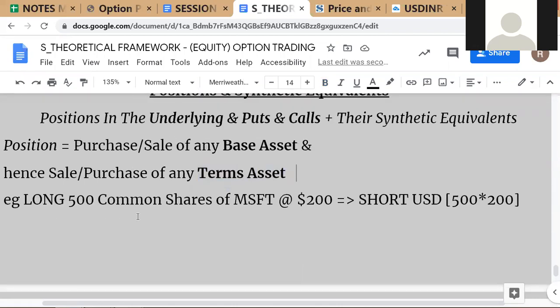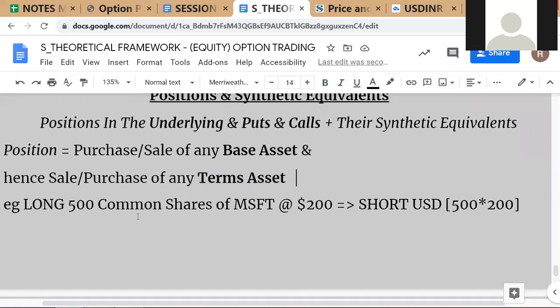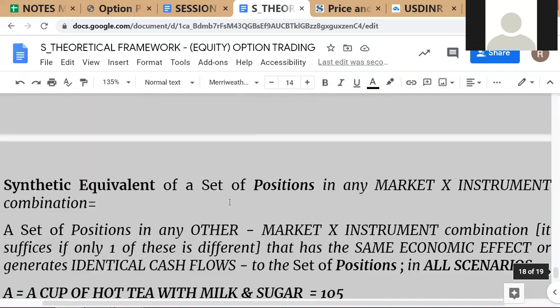Then you talk about the synthetic equivalent of a position. We talked about that. What is that? It's basically a position in any market instrument combination. Synthetic equivalent.